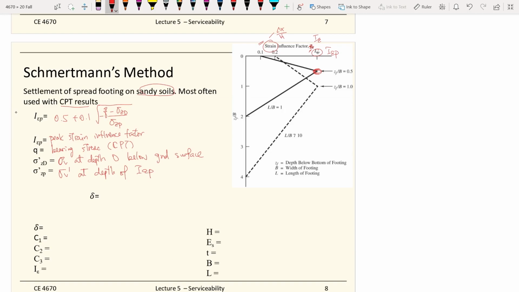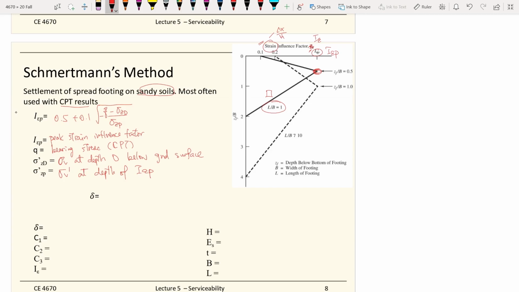influence, strain influence. So here you have two lines, or two parts over here. One is kind of like the square footings, because the L over B, the length divided by width, is equal to 1, so it depends on the geometry of your foundations.